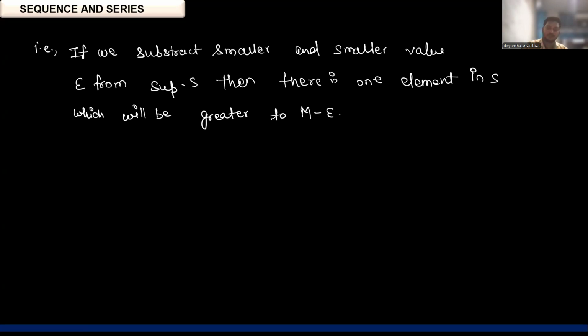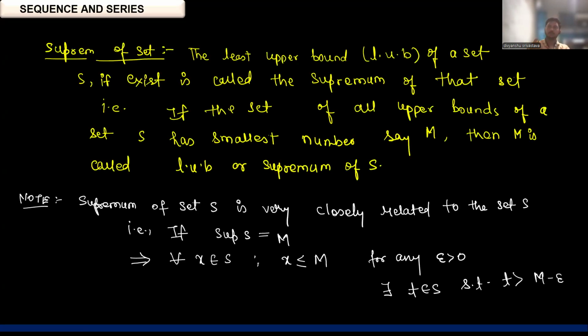So what is the supremum of a set? Suppose you have a set with an interval 0 to 1, where the lower end is 0 and the upper end is 1. The least upper bound, if it exists, is called the supremum of that set.